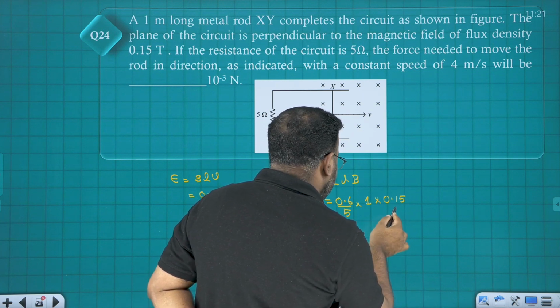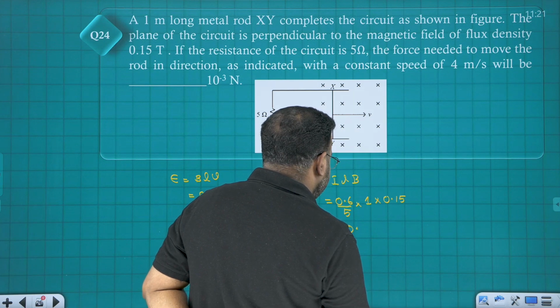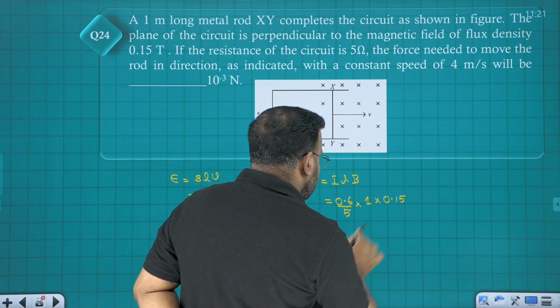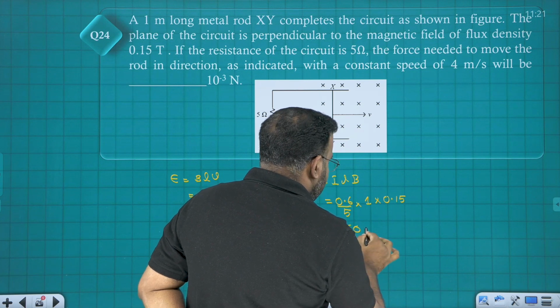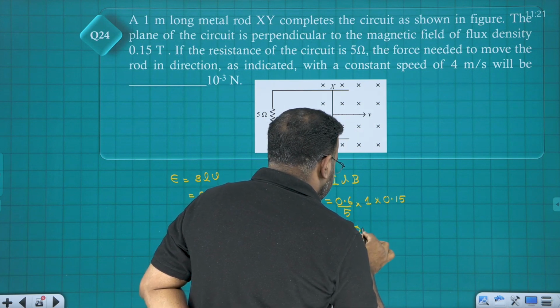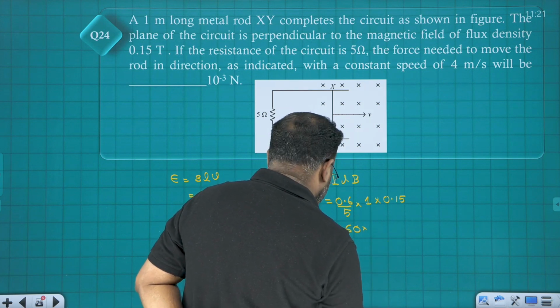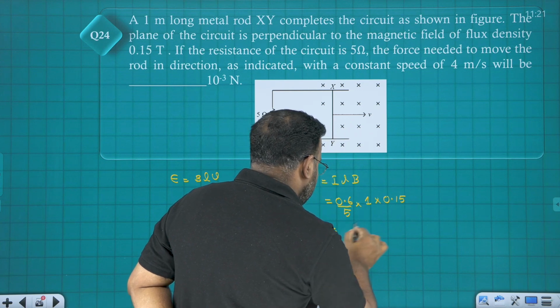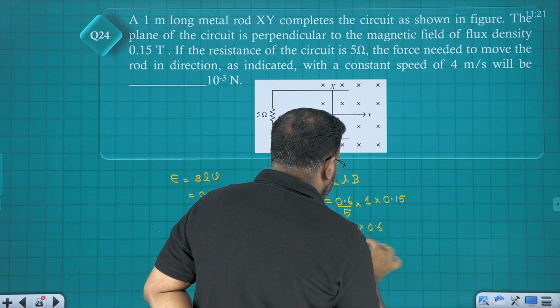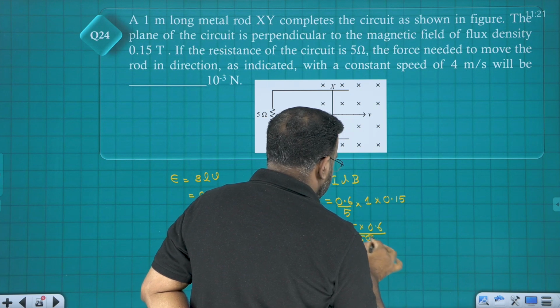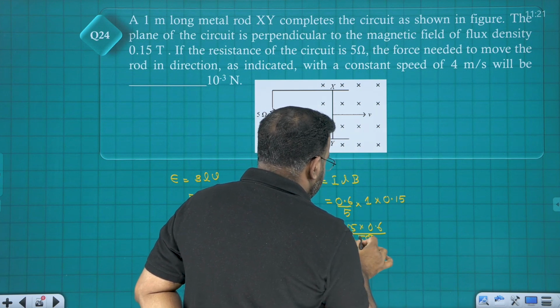If you are multiplying it by 100, this will become 15 into 0.6 divided by 500. So we get 3.